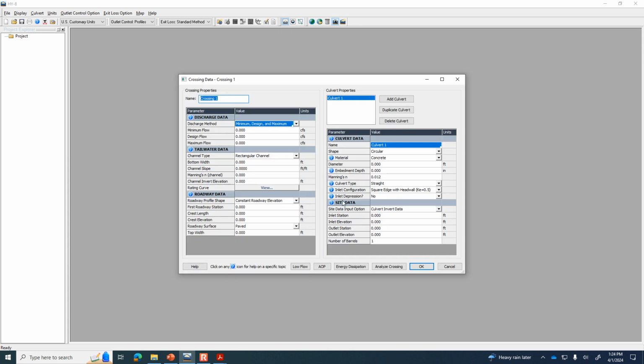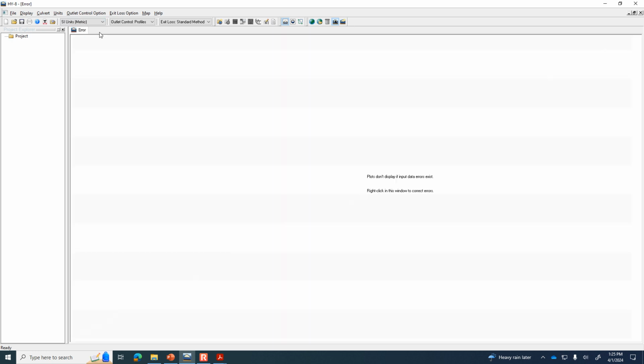Okay, so crossing 1 is the default name, and the minimum flow rate that we want to, oh, well, we're in traditional units, so the first thing we're going to have to do is switch it over to SI. So cancel. Here in US customary, we can switch it to SI.